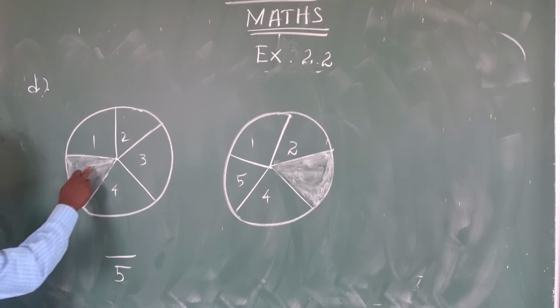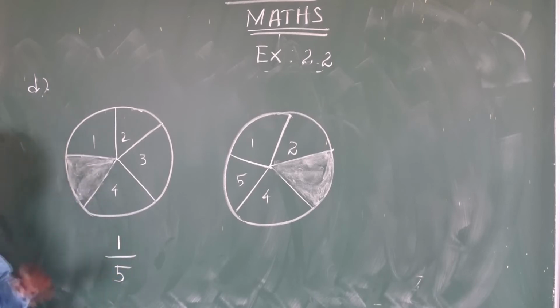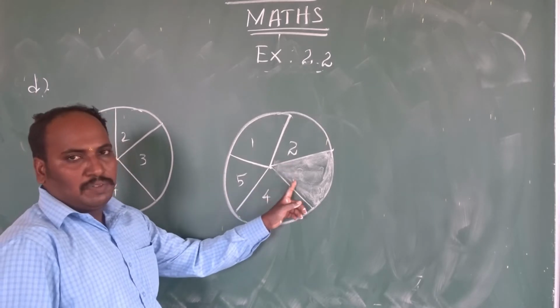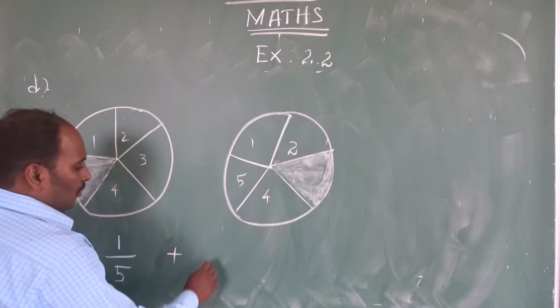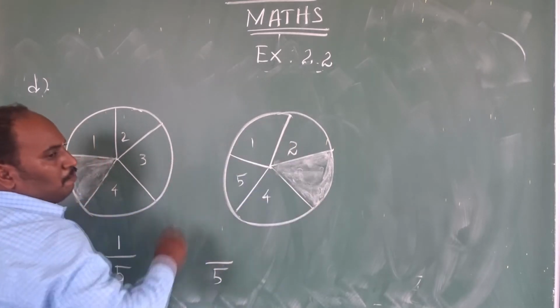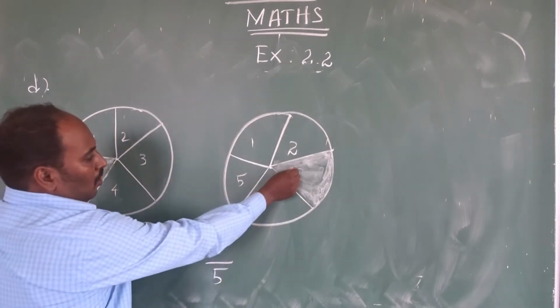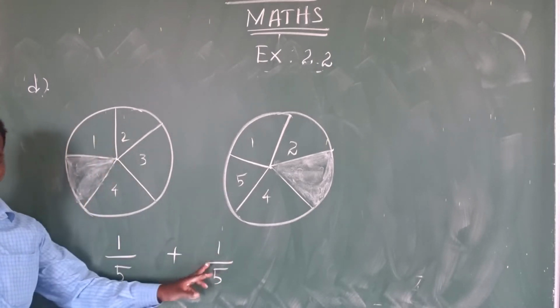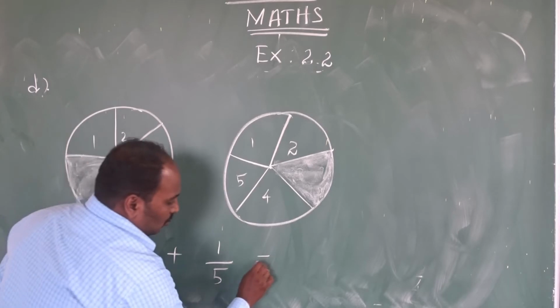The denominator is 5. The shaded portion: 1, 2, 3, 4, 5. The total number of parts is equal to 5. Shaded portion 1. 1 by 5 plus 1 by 5 is equal to.